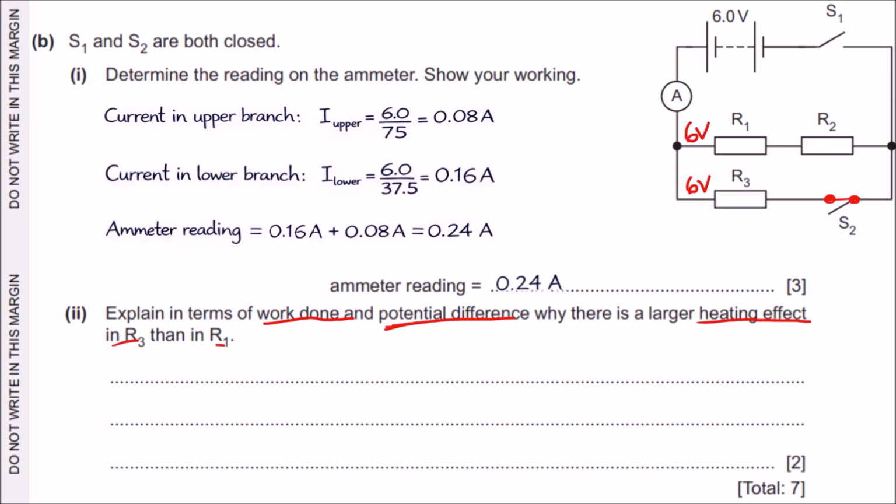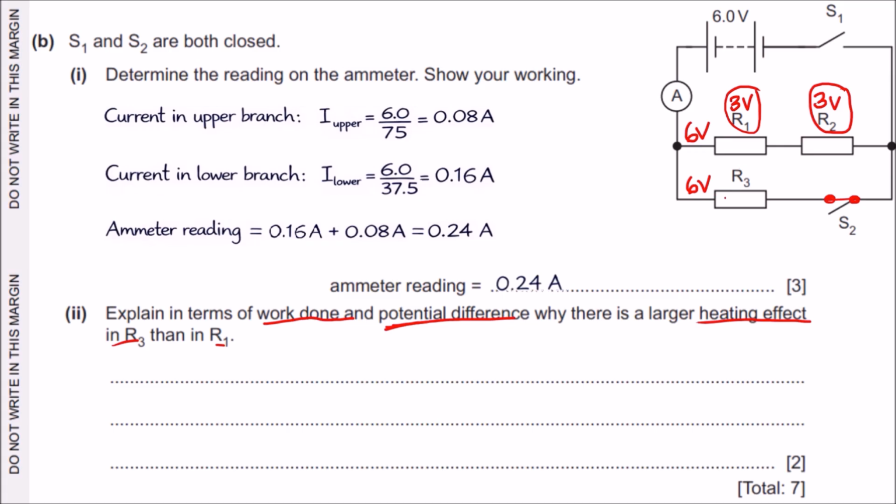because we want to explain in terms of voltage and work done. So these 6 volts within branch 1 are divided in such a way that R1 takes 3 volts and R2 takes 3 volts, since these resistors are identical. So in this branch we have 6 volts, but 3 volts are applied across R1 and the other 3 volts are applied across R2.